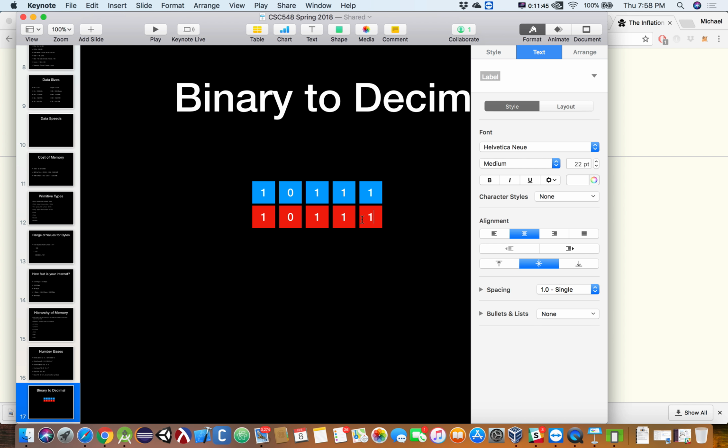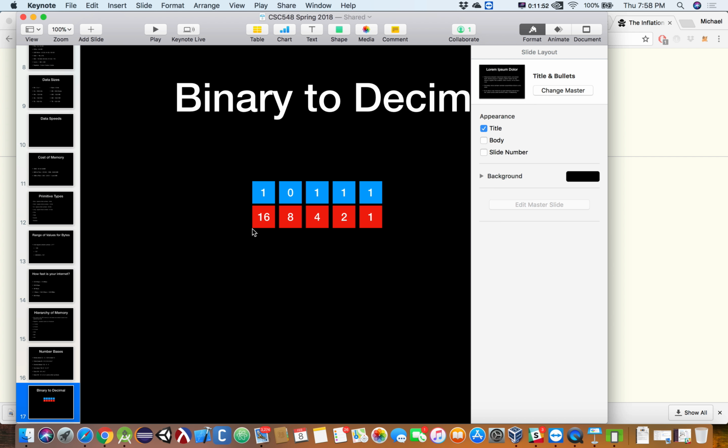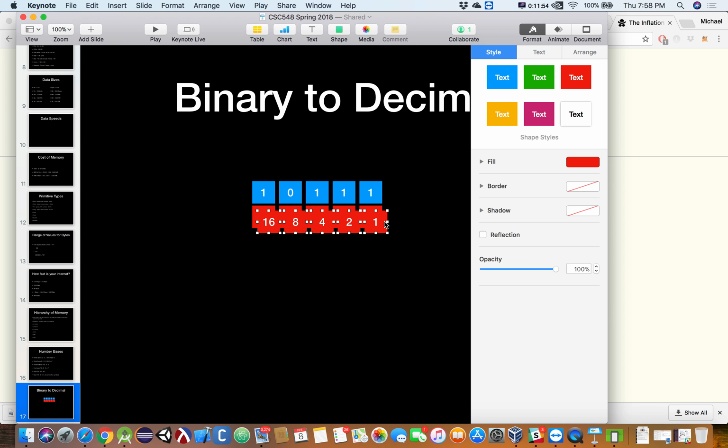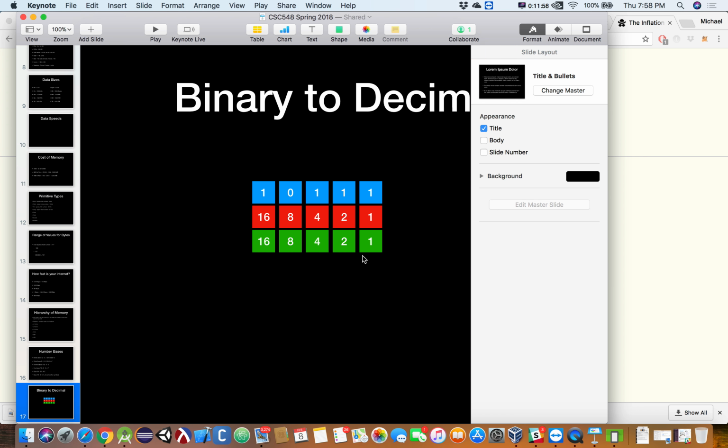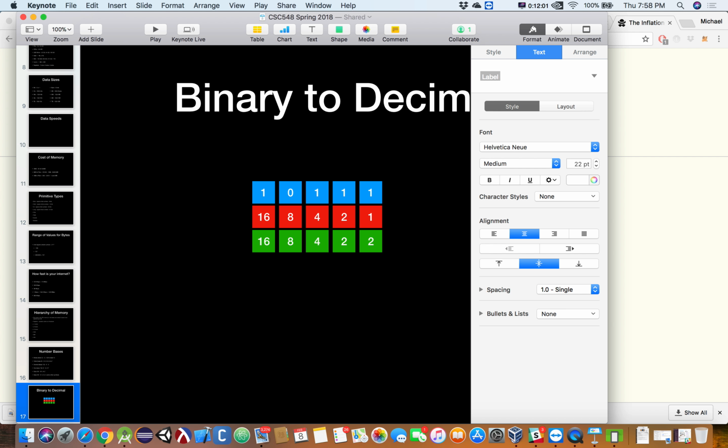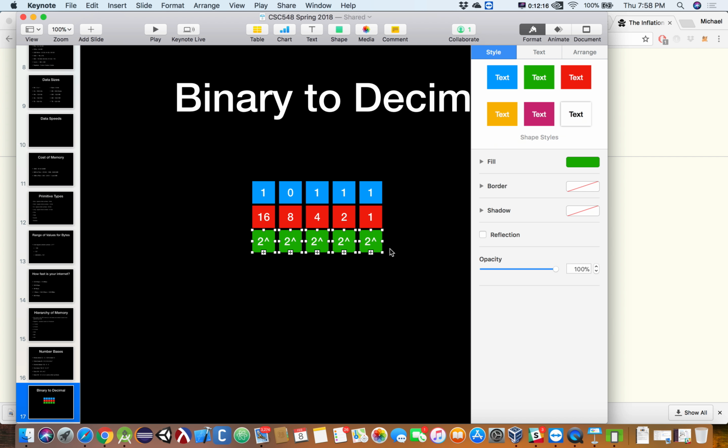So that's the ones place, the twos place, the fours place, the eights place, the 16s place. If we want to look at this a little differently, this will probably be green, right? This is the 2 to the 0th place, 2 to the 1, 2 to the 2, 2 to the 3, 2 to the 4.